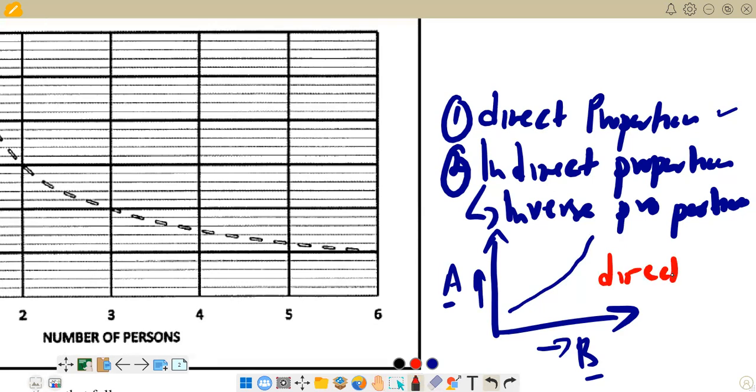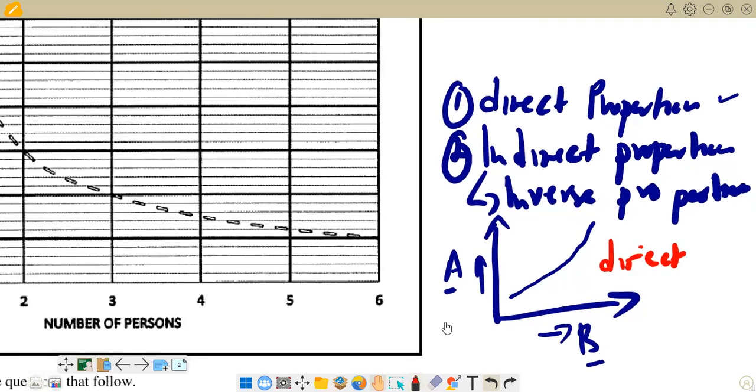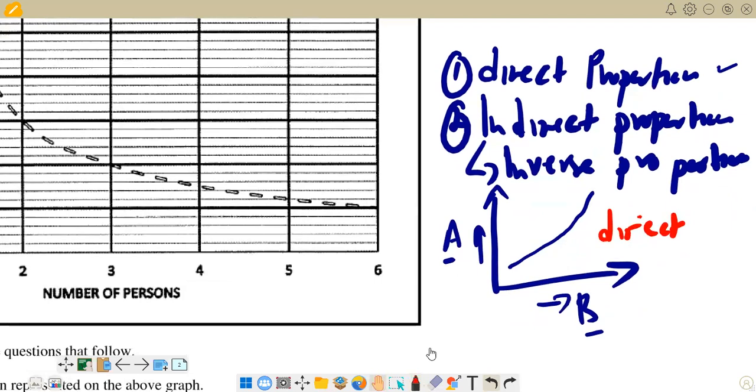Then if we have an inverse, it becomes the opposite. It means when one of the variables increases, let's say A is increasing, B will be decreasing. So on the inverse, if we have an increase here, we see B moving in the opposite direction.